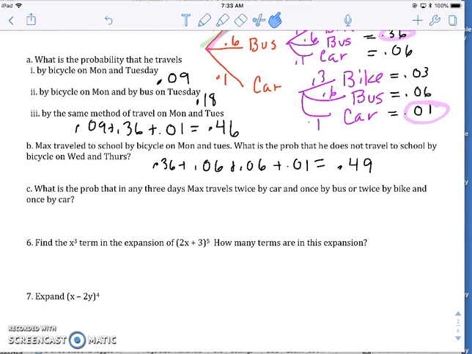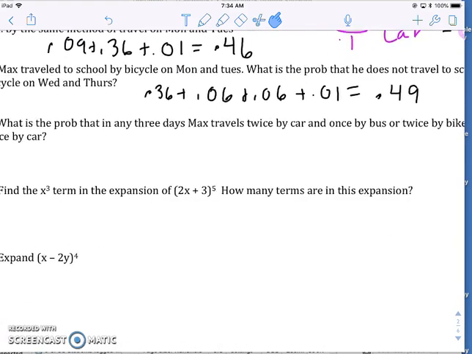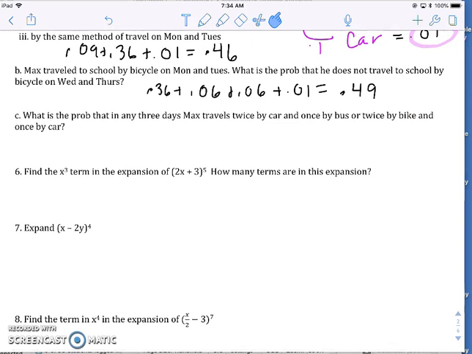Alright, and what is the probability that in any 3 days, Max travels by car twice and once by bus, or twice by bike and once by car? Well, this one has 3 days, so we don't have the third one here.